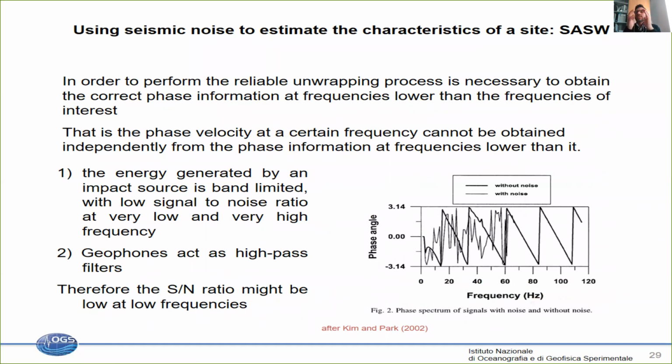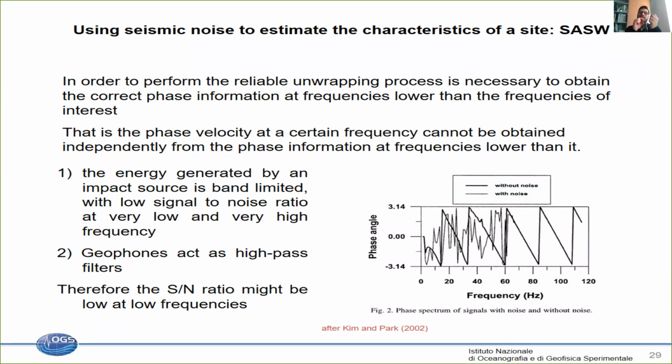The problem is that when I use an energetic source, for example my hammer, I'm having a lot of energy. My spectrum will be rich in frequencies that are generally quite high, maybe 50, 70 hertz.